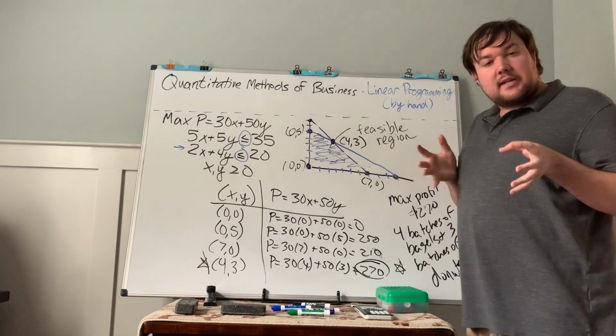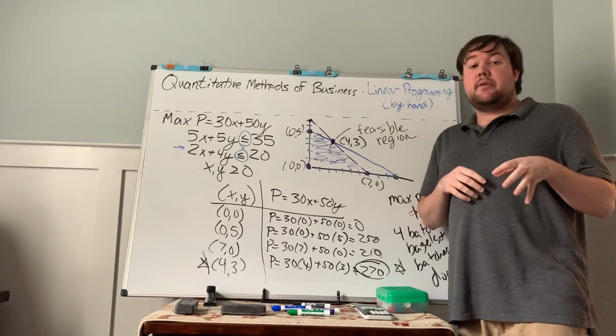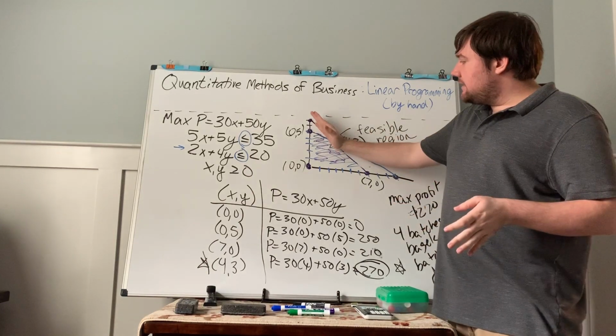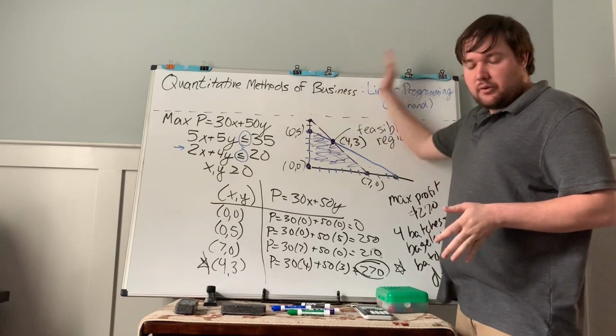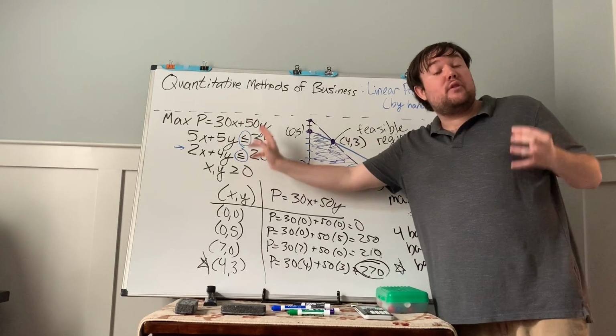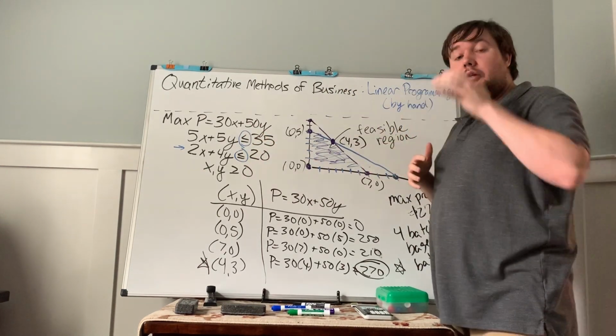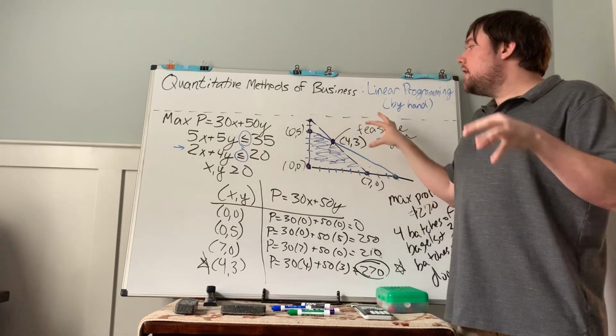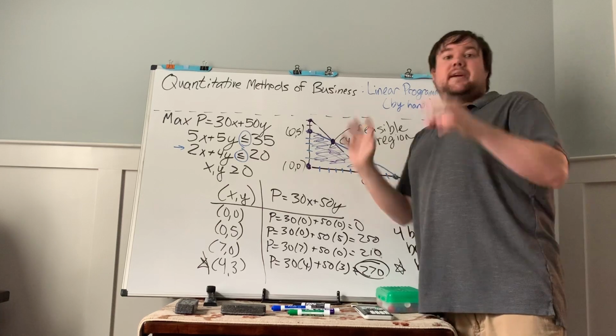So this was the first type of problem that they bring up in the chapter. The other one is a minimization problem, and you'll notice that most of those will be going out from the origin. You'll have a lot of greater than or equal to inequalities in your constraints. But as you continue through this course, these problems will become trickier and trickier.